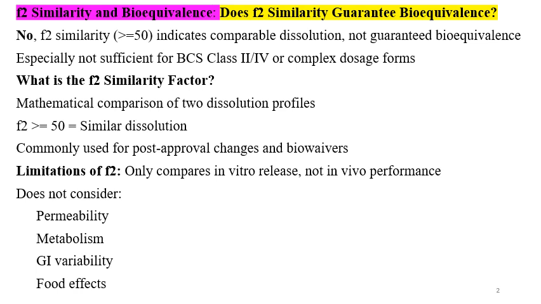What is the F2 similarity factor? It is a mathematical calculation which compares two dissolution profiles, and it gives you the values of F1 and F2. So F2 we consider for the similarity in the dissolution profile, and it is used for the biowaivers. The biowaivers may be for post-approval changes, and for additional strengths other than the BE strength.